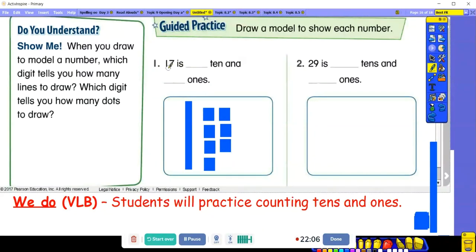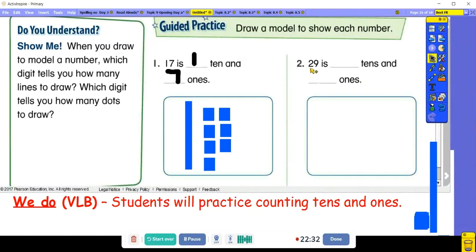So here I know 17 is 1 10. So I have 1 10 rod, and 1, 2, 3, 4, 5, 6, 7 ones. So I have my 1 10 and my 7 ones to show 17. Excellent job.